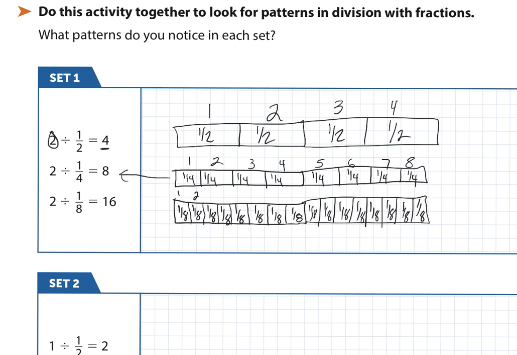I'm going to write the numbers above the boxes that show us that 2 divided by 1/8 equals 16. I want you to do this as well. I strongly urge that you use the grid lines to draw your boxes. I'm going to try to do that from now on in the other examples that we do.